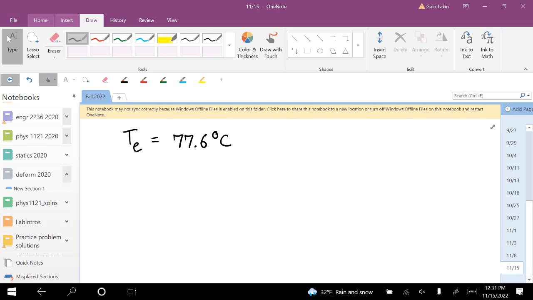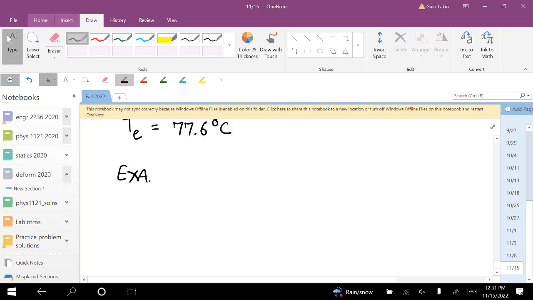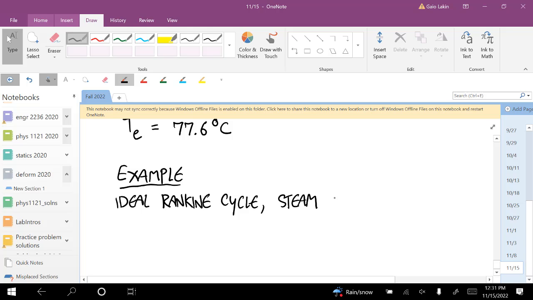Okay, so hold on. Okay, so we have an ideal Rankine cycle that uses steam as the working fluid.